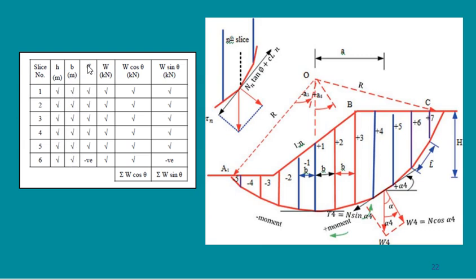And then I get the angle. I want you here to differentiate between two things. This is not phi, this is theta. Phi is the phi of the soil, but theta here is related to each slice. Each slice has a different angle. Here it is written as alpha, I think, but it means the same.